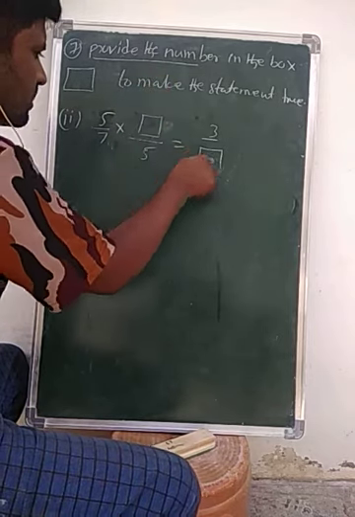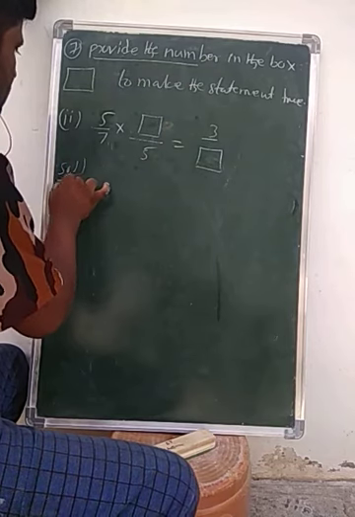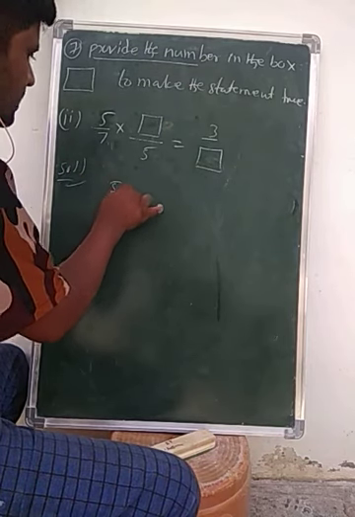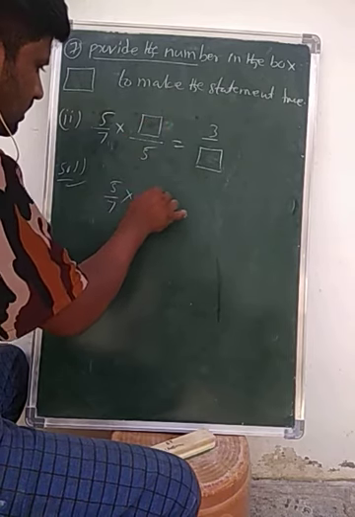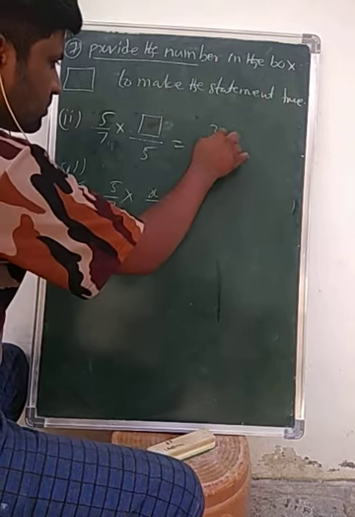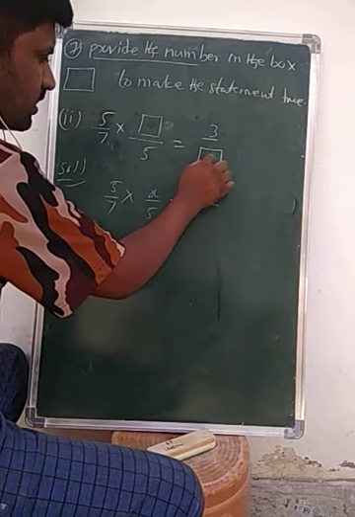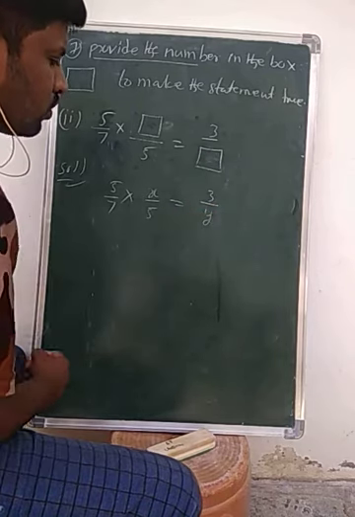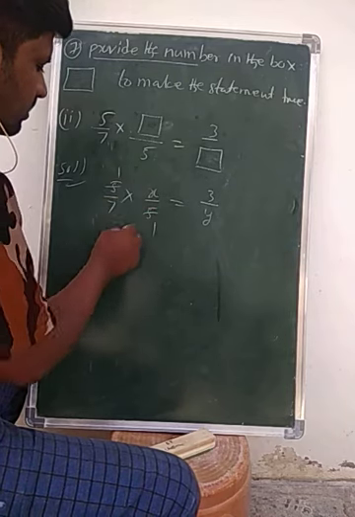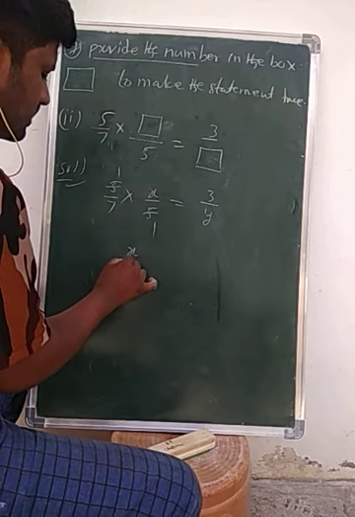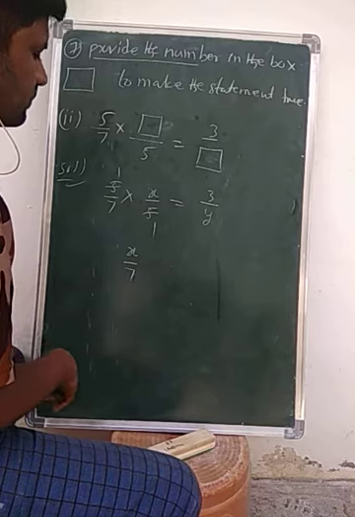We have to provide the numbers. So in the place of this box I am taking x, so 5 by 7 into x by 5 is equal to 3 by, and here in the place of the box I am taking y. Now 5 1s are 5, 5 cancels, we get 1 into x by 7.